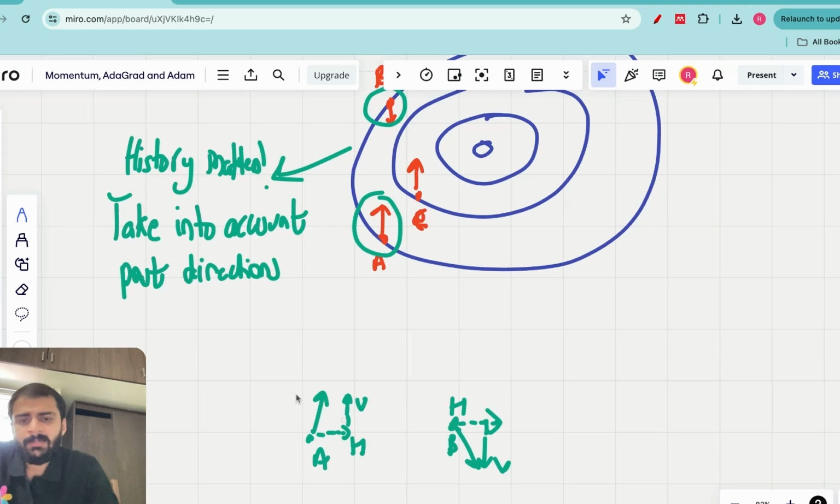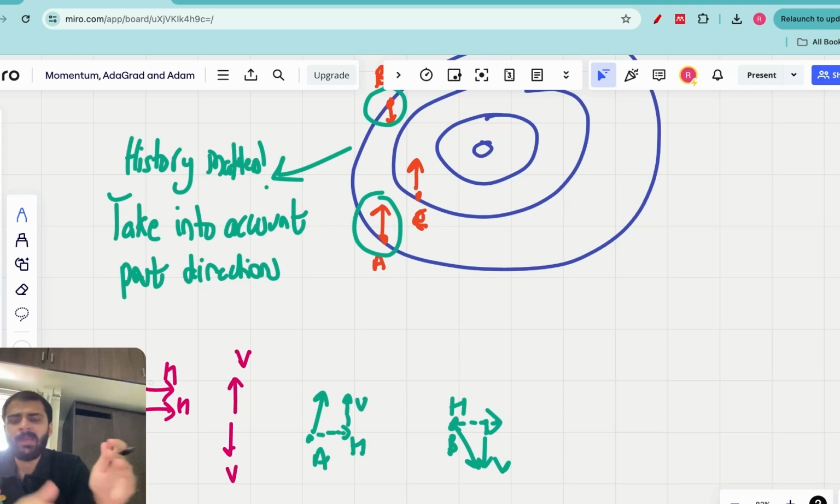Now if you look at the horizontal components in A and B, let me mark them with a different color. For A, the horizontal component is in this direction, and for B, the horizontal component is in this direction. So the horizontal components would add up together. But look at the vertical components. The vertical component for A is in this direction, and for B it is in this direction. So the vertical components of A and B will cancel out together, and only the horizontal component will survive.